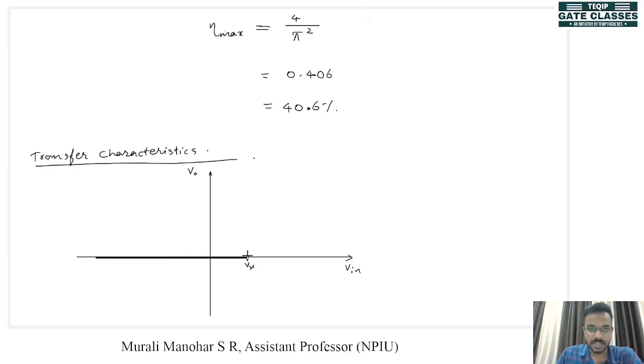When Vin has reached V gamma, V in and V out will have a linear relationship with a slope of 1. V in and V out are the same. This is the transfer characteristics of a half wave rectifier with practical diodes.